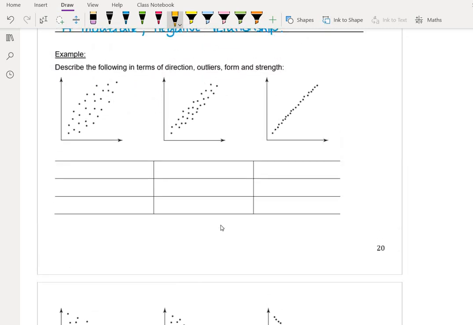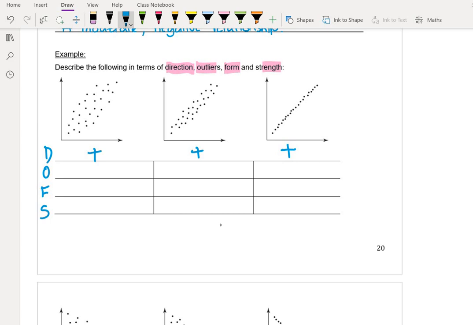So in this example here, we're bringing together all four things we learned in this lesson: direction, outlier, form, and strength. So let's do them together. Direction, hopefully it's obvious to you. We're looking from left to right. This is positive, this is positive, this is positive.